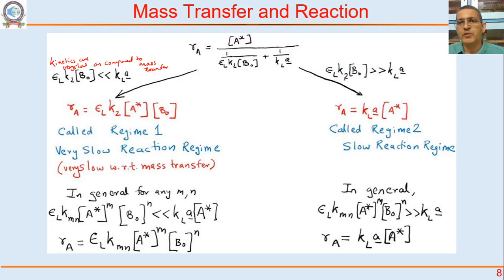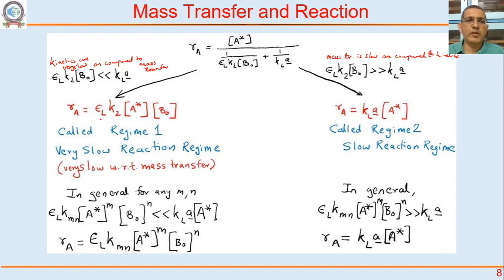This extreme, epsilon L K2 B naught is far greater than KLA, means mass transfer is slow as compared to kinetics.